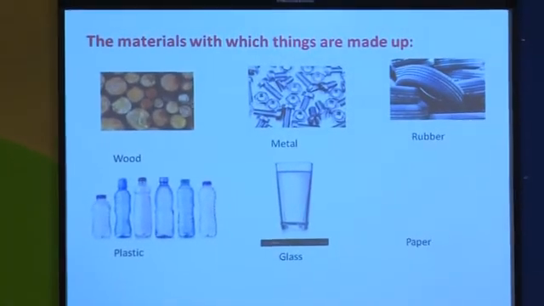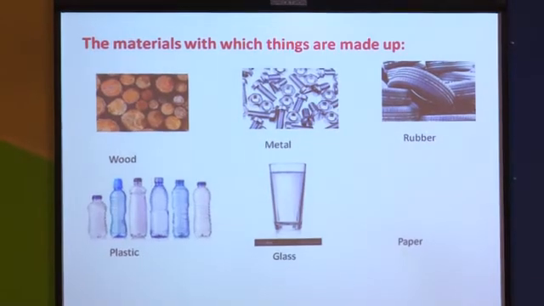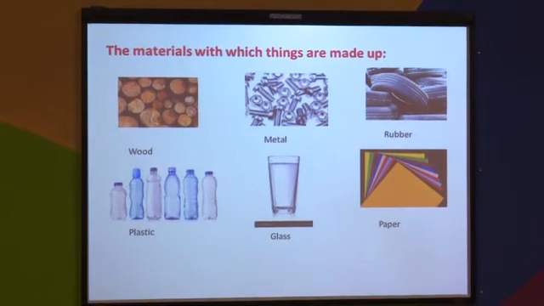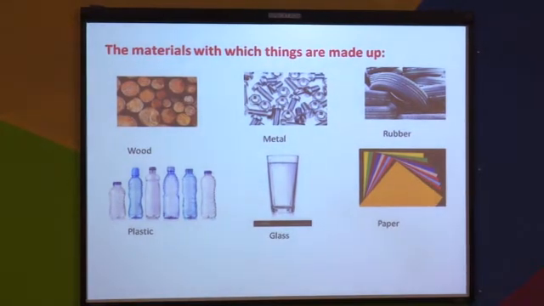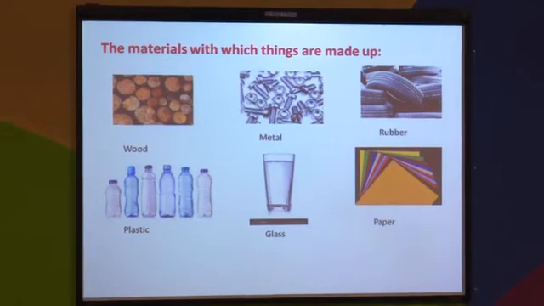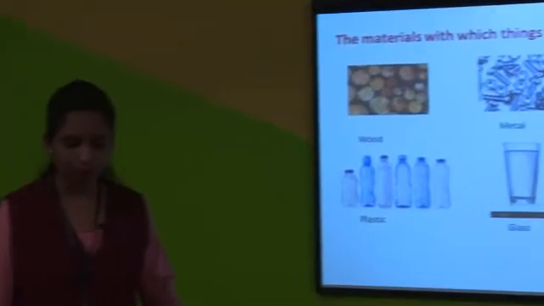We make mirrors, glasses, tube lights, these things. Okay. Last is paper. Okay. What are the materials made up of paper? Now you can see the textbook. Textbook, notebook, newspaper, all these things are made of paper.